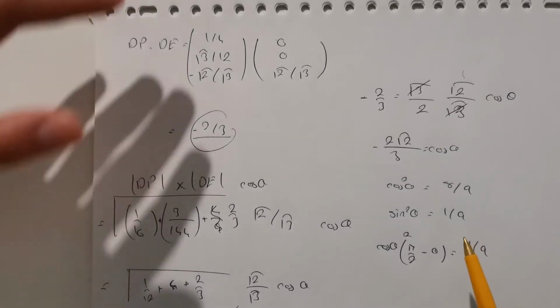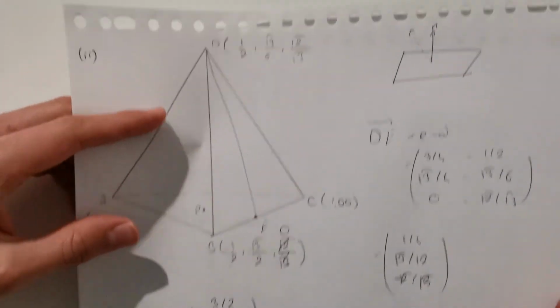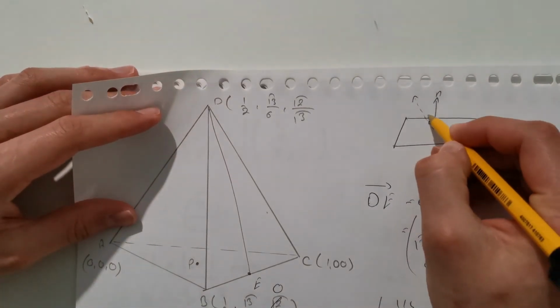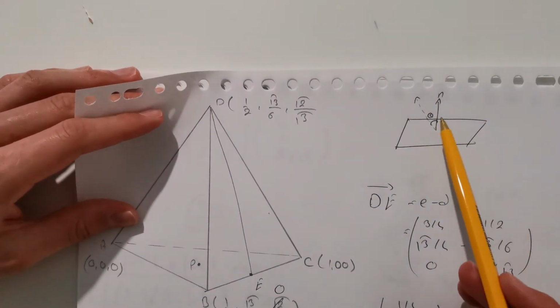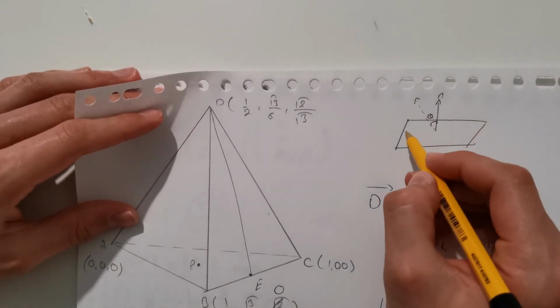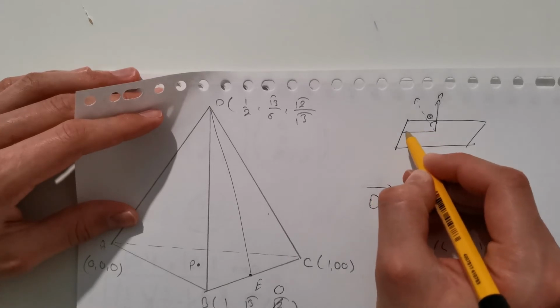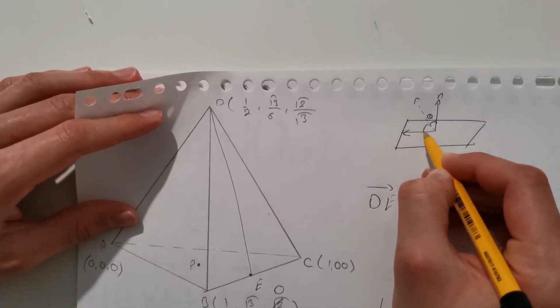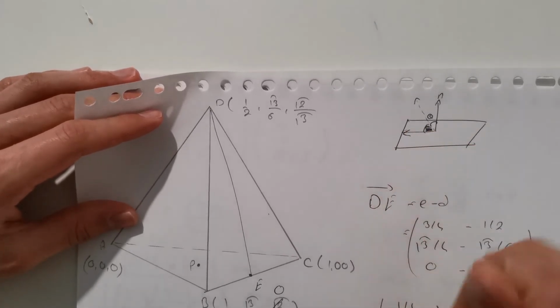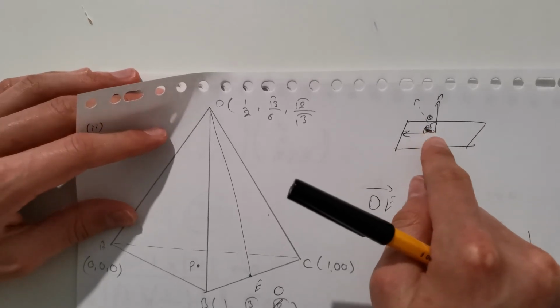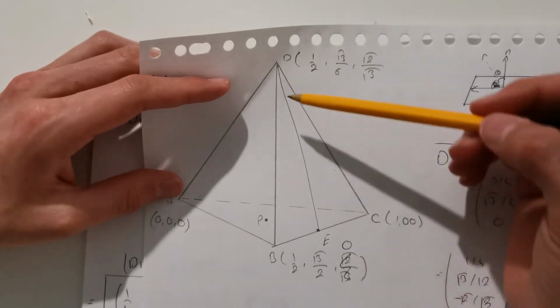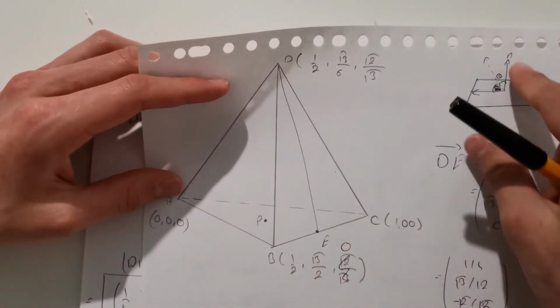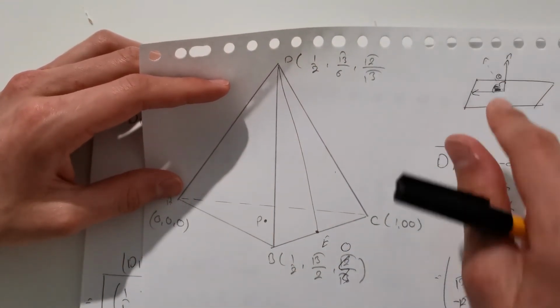The reason why I do this is because if you have a look here, theta is the angle between these two, so theta is here. However, I need to find this angle, because that's the angle the line makes with the plane, because I need to find the angle the line DE makes with the plane, not the angle it makes with the normal.